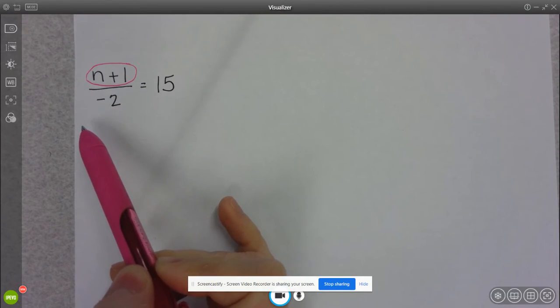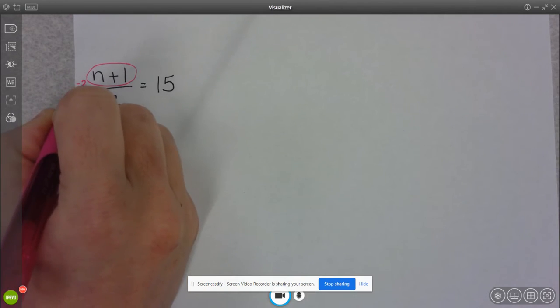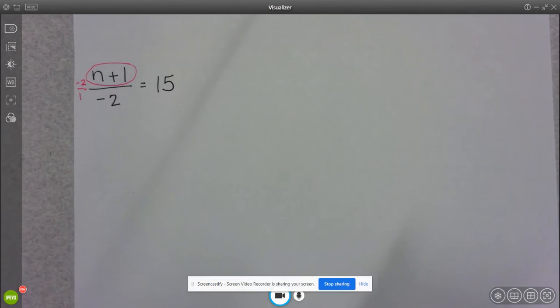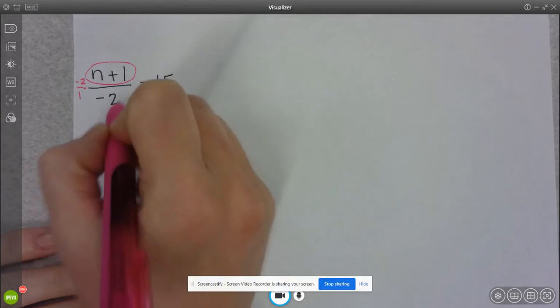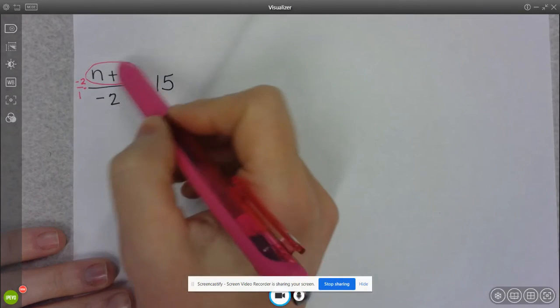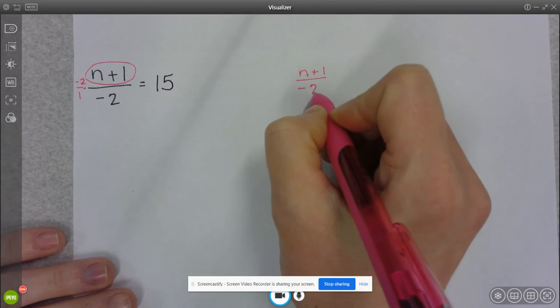And in order to create a denominator of 1, I would have to multiply by the same thing in the numerator. So here's what's really happening. Currently, I have some stuff, so I have n plus 1 divided by -2.